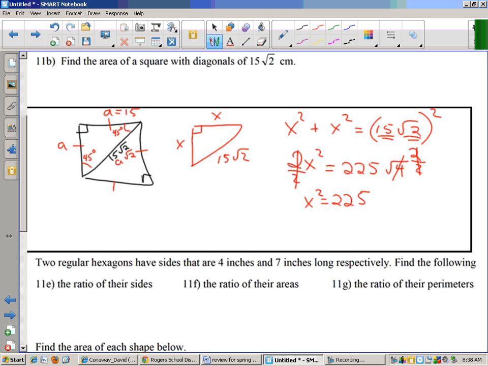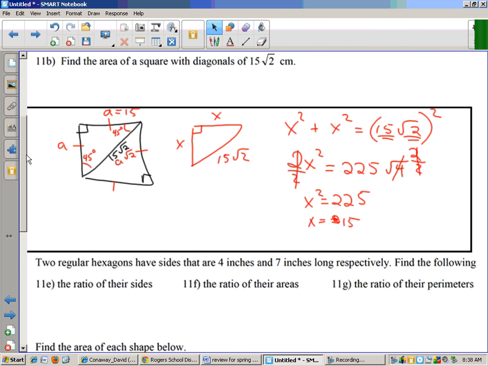But you know what? I just found 225 by squaring 15, so the square root of 225 must be 15. However, even though it's supposed to be positive or negative, in geometry we don't have to worry about the negative version because this is a length, and lengths will not be negative, so it's just going to be x equals 15.